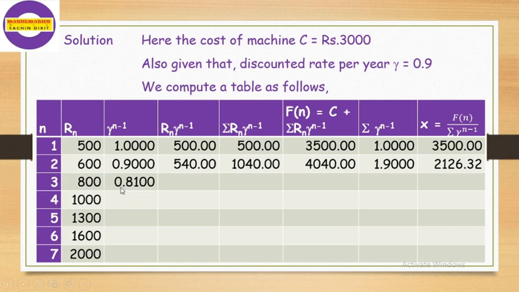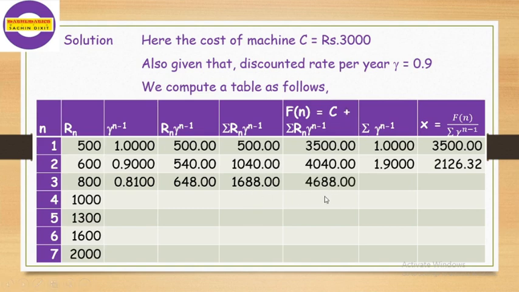Now we multiply this 0.81 by 800. Total we get 648. Now we add this 648 to this 1040. Total we get 1688.0.